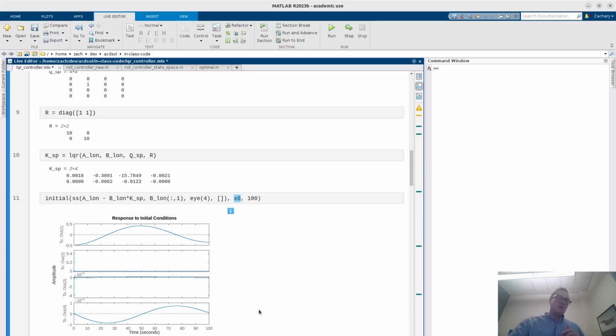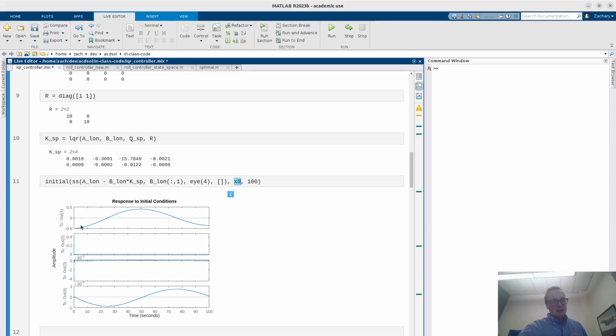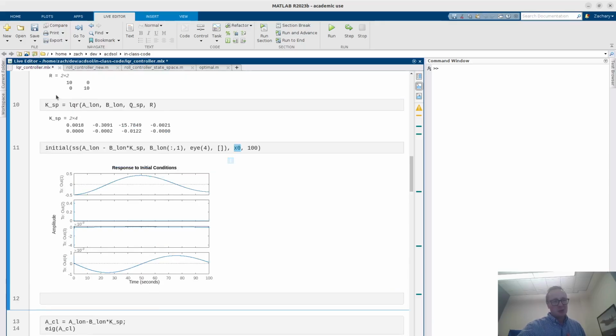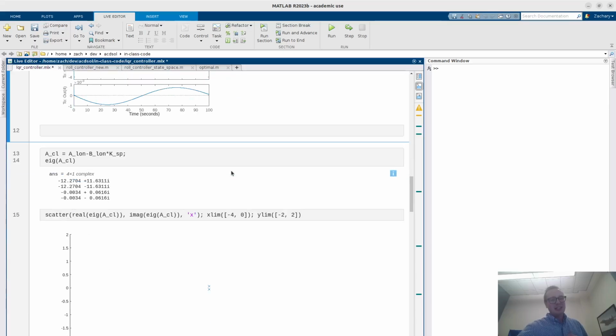Now, this is probably unrealistic because the control values are probably pretty high. You can see that it is quickly going from delta W of 0.4 down to 0, etc. But you can see that it really isolates that phugoid mode with very little work, just calling this one function.